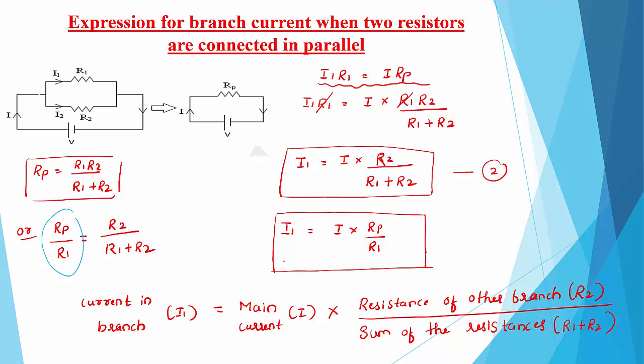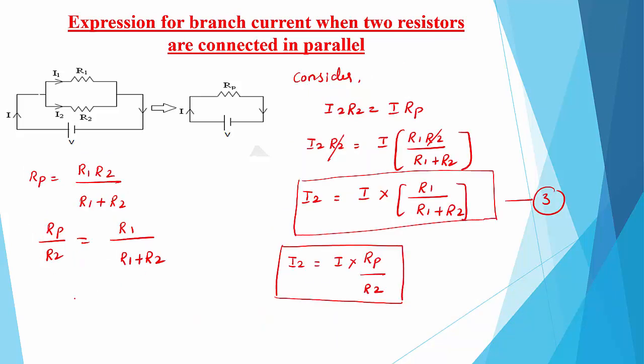How to find the branch current here? The branch current is equal to main current into resistance of other branch divided by sum of the resistances. So you can see this equation. Here also the same thing. What is I2? I2 is branch current or current in the branch. What is I?